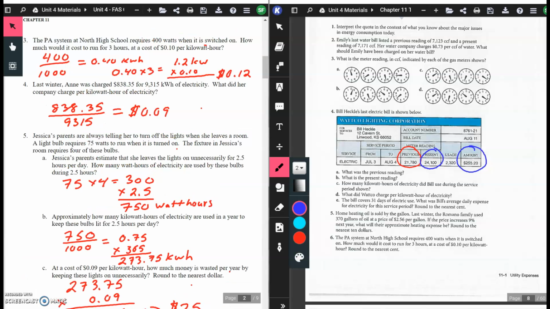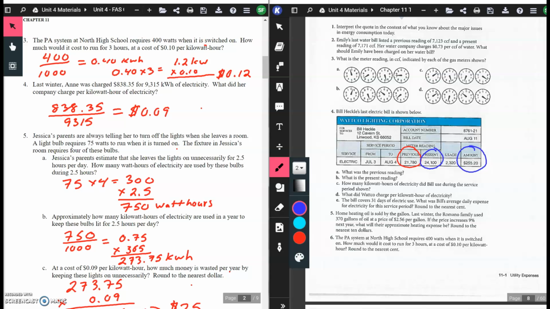Number 3, the PA system at North High School requires 400 watts when it is switched on. How much would it cost to run for 3 hours at a cost of 10 cents per kilowatt hour? So it requires 400 watts, and we are going to divide that by 1,000 because kilo is 1,000, so 400 divided by 1,000 for a kilowatt.